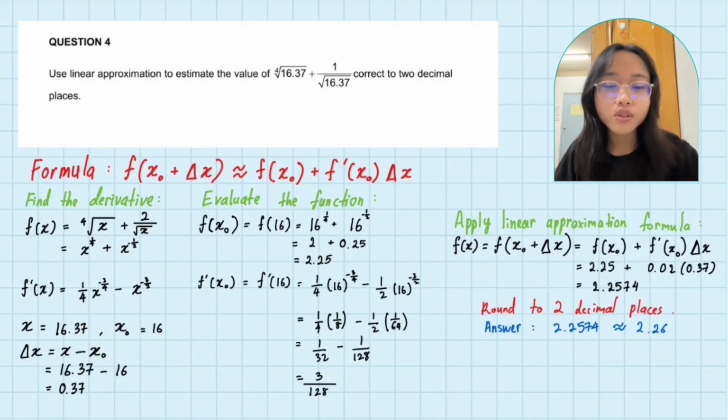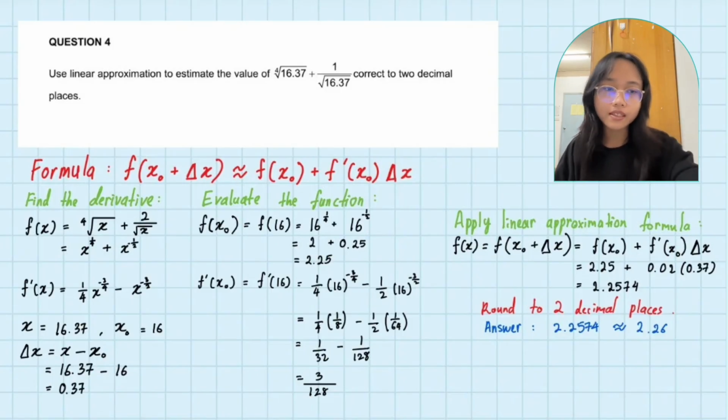Next, we are going to solve for f prime of 16, which is 1 over 4 times 16 to the power of negative 3 over 4 minus 1 over 2 times 16 to the power of negative 3 over 2. And the answer is 3 over 128.